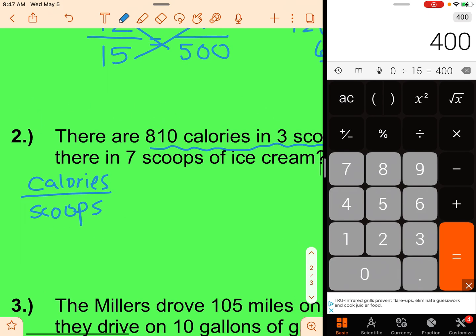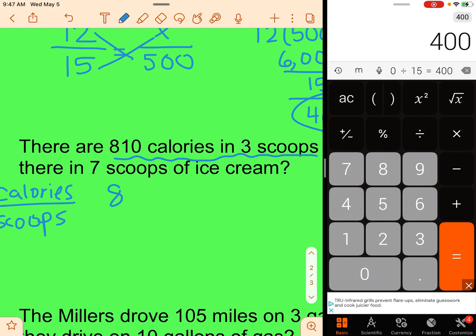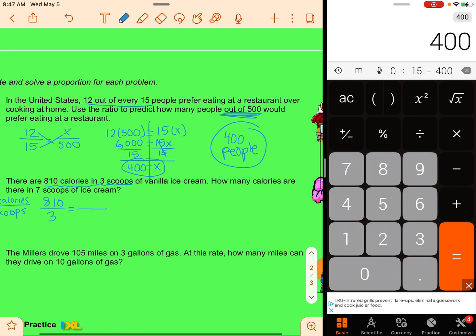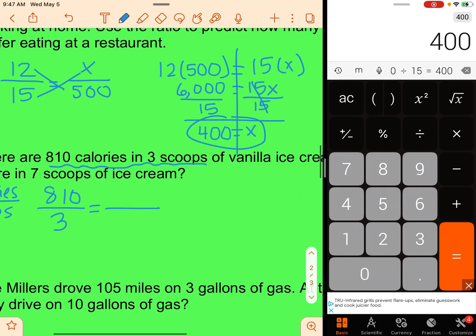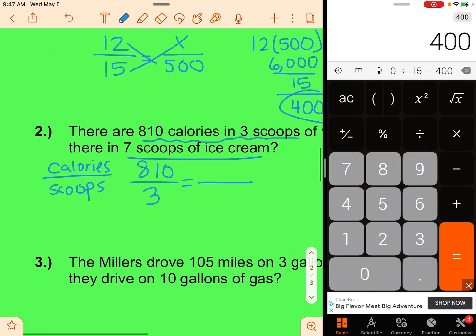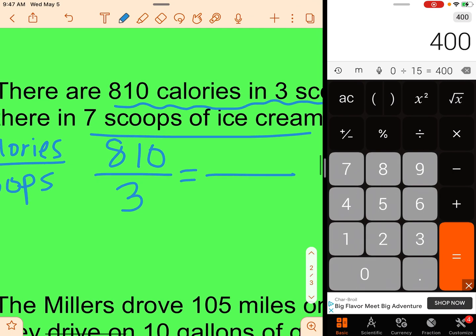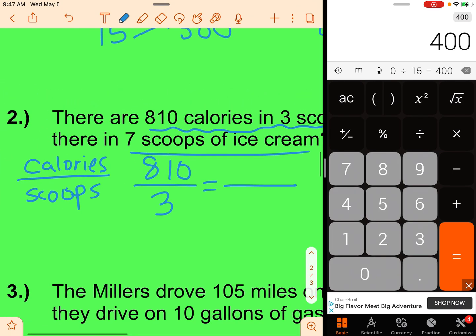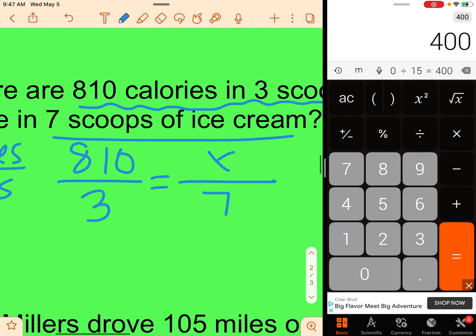So let's set up our ratio: 810 calories in 3 scoops, set equal to another ratio. We want to know how many calories are in 7 scoops. Does that 7 go on the top or the bottom? The 7 goes on the bottom because we're talking about scoops of ice cream. That leaves X on the top.